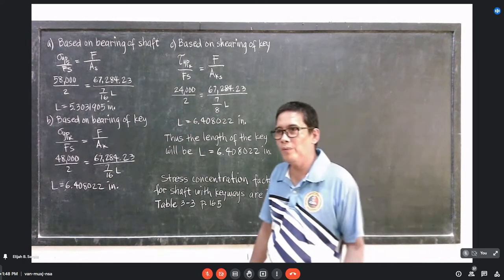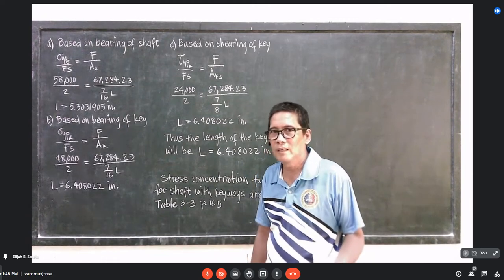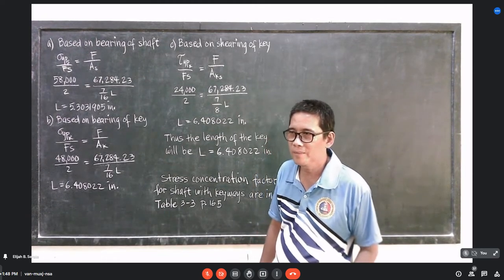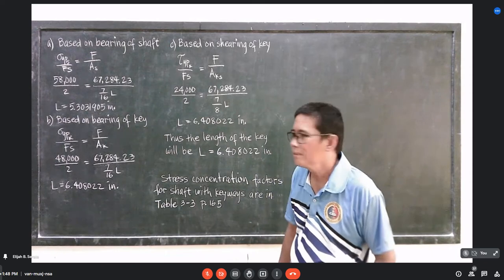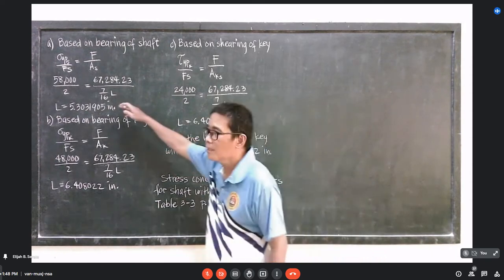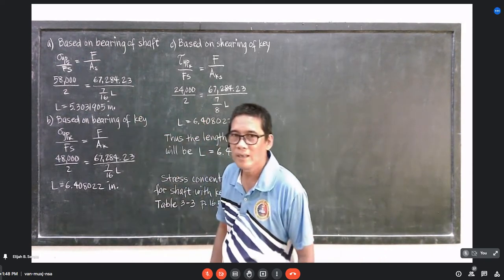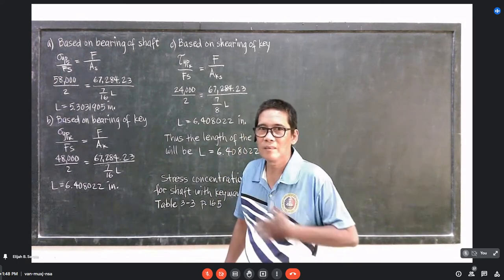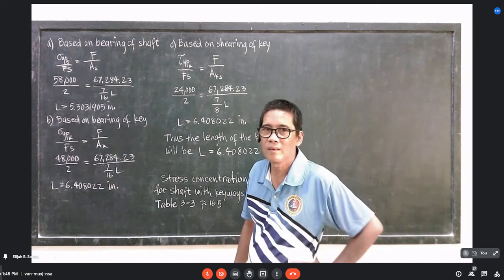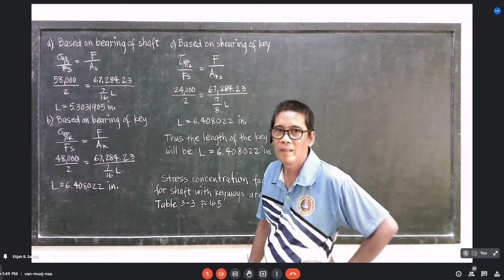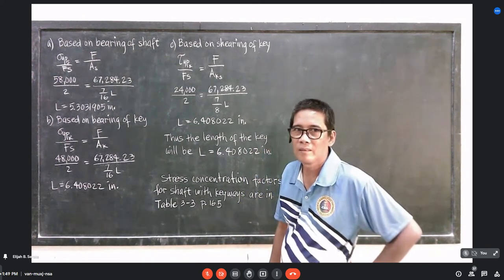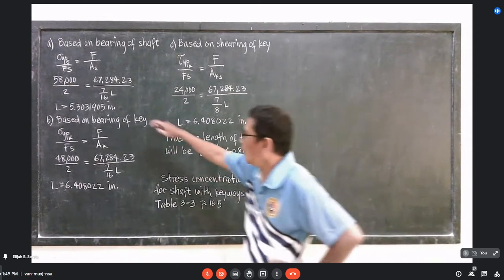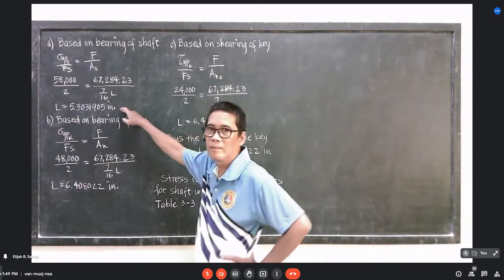Oh, so if, for example, I say for reason of economy, I'm going to use this because it is shorter. Why will this not be safe?